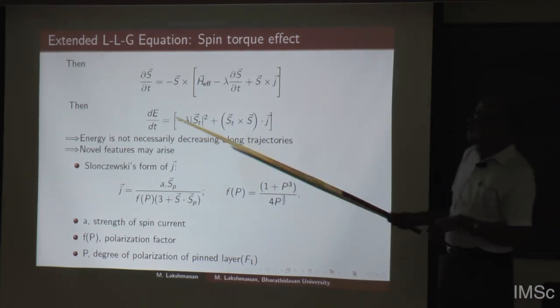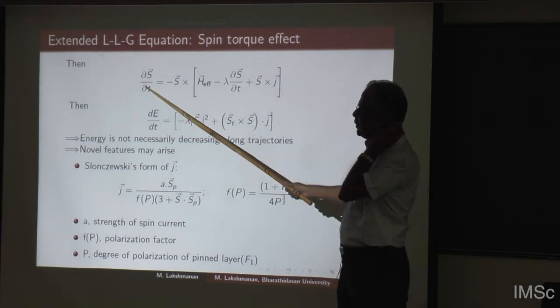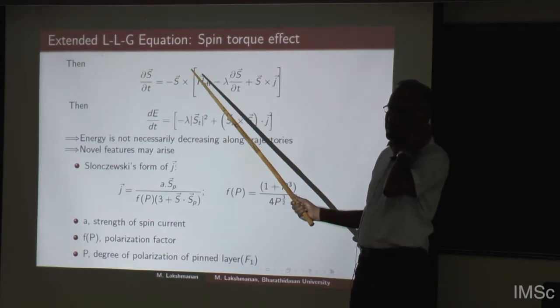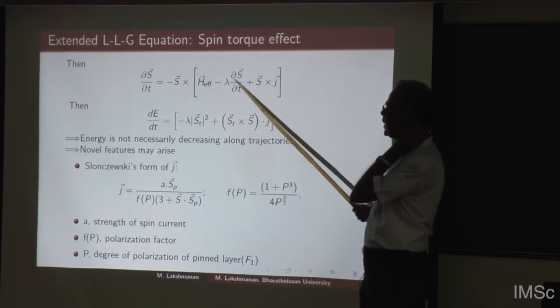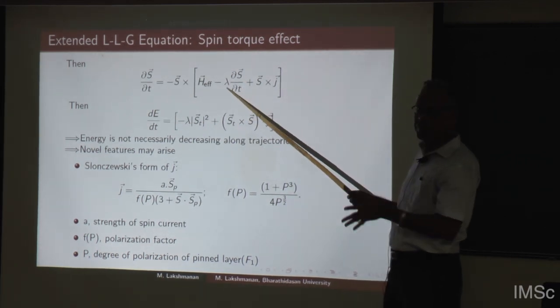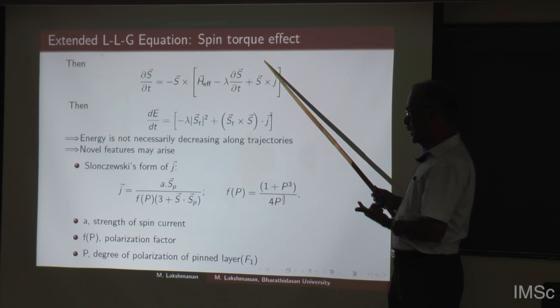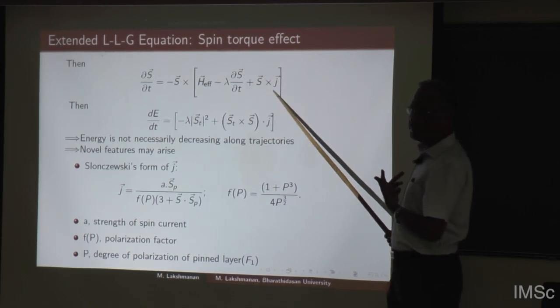So, what essentially one finds is the effective evolution equation for the outer spins, the free spins, is ds/dt = s cross h effective minus lambda ds/dt. This is nothing but the Landau-Lifshitz equation corresponding to the ferromagnetic film, and the effect of the spin current is just s cross the current.